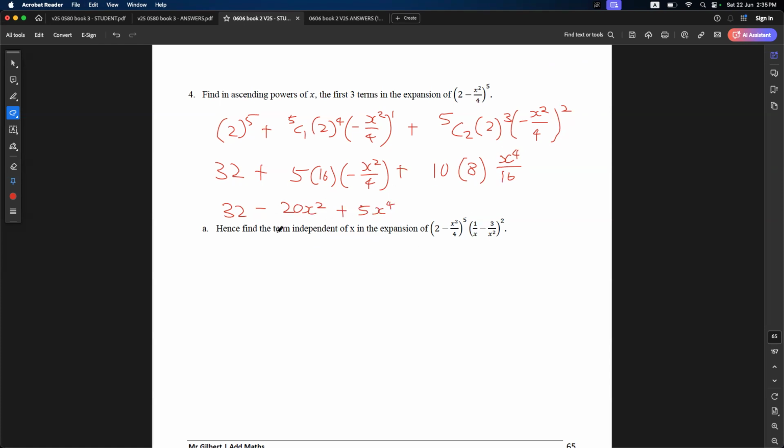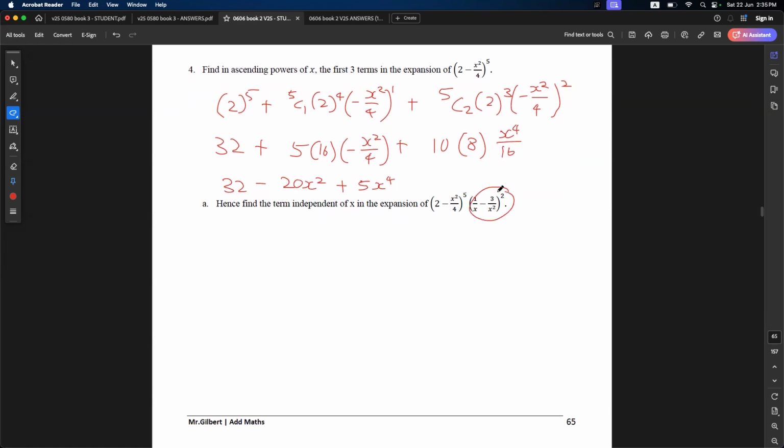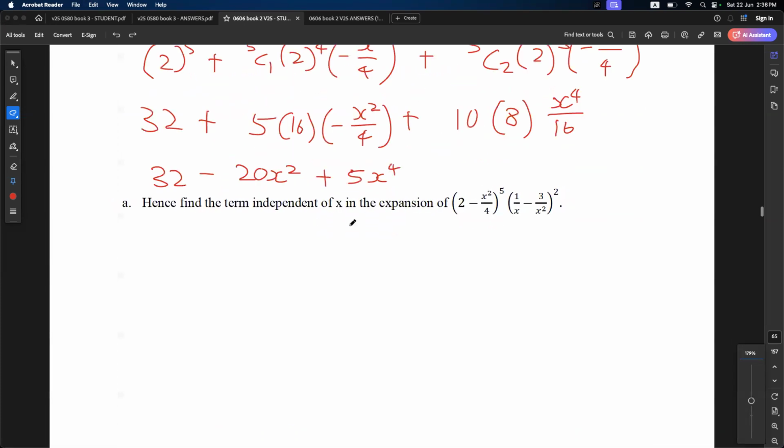Okay. And hence find the term independent of x in the expansion of this. Look, you have over here a square. So first thing is you have to expand this, even though it's at the back, right? Expanding for this.